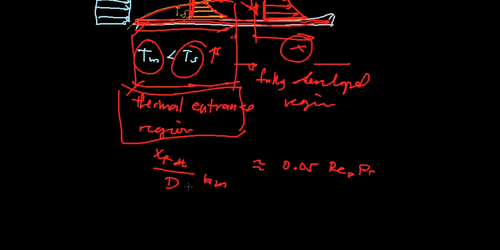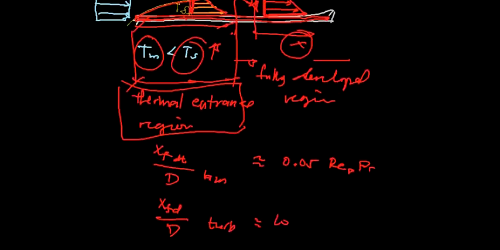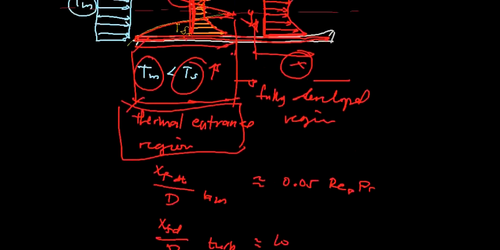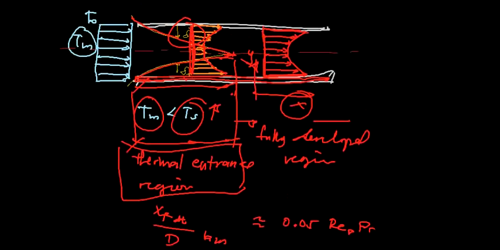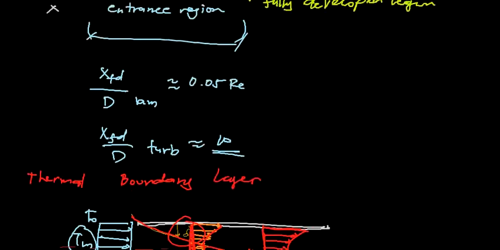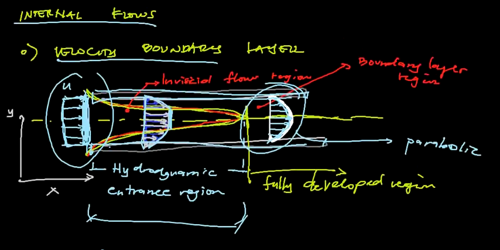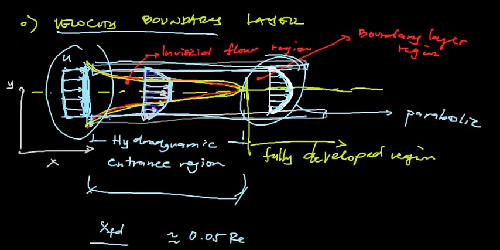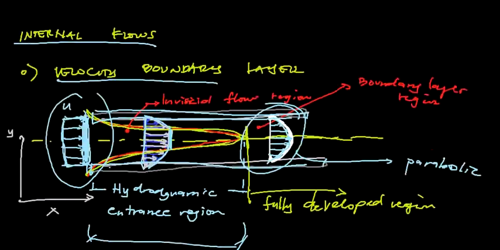Okay, and for turbulent flow, it's just the same as the velocity boundary layer, that is x_fd,t over D for turbulent is approximately equal to 10. Okay, so that's all for the thermal boundary layer and for the velocity boundary layer of the internal flows.